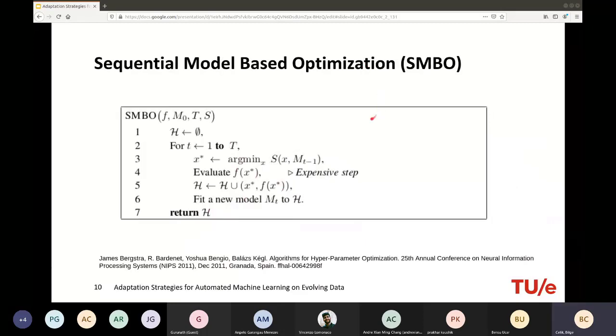The CASH problem was first actually handled with Bayesian optimization, and it is still one of the best performing approaches. The idea here, especially sequential model-based optimization, is generally used when the fitness function is too costly. So you approximate it with a surrogate function that is cheaper to evaluate, and you can see that in the inner loop of the algorithm with the numerical optimization of the surrogate model.